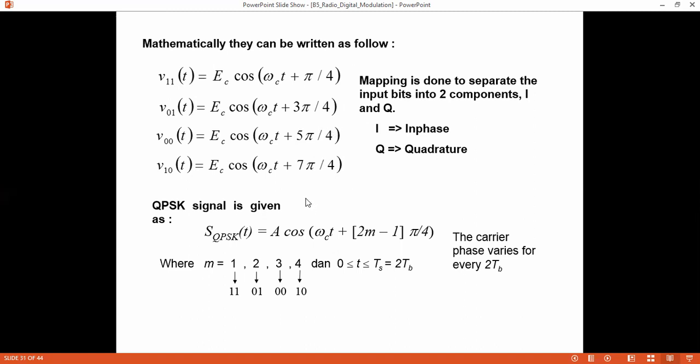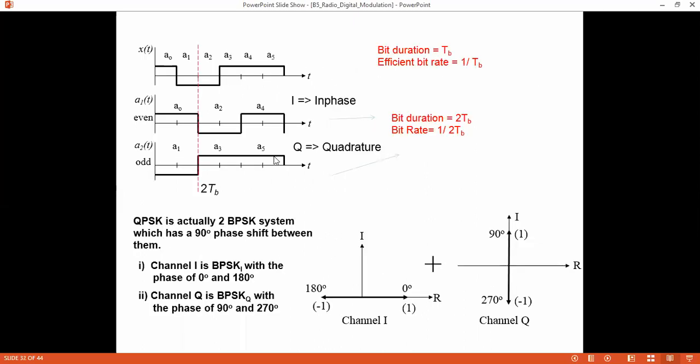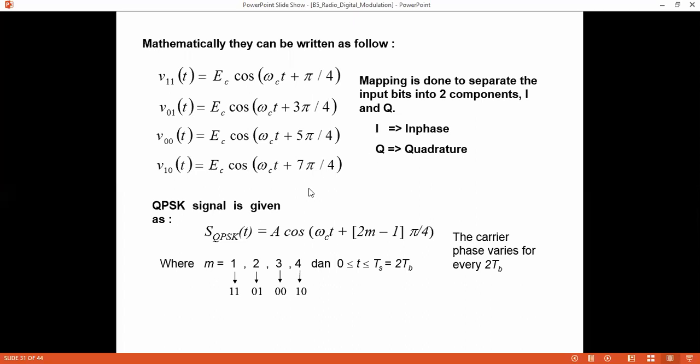So this is the general equation for the above. A here is the amplitude of our carrier signal, and the phase is (2m minus 1) pi over 4, where m is an integer 1, 2, 3, and 4. For m equal to 1 it's bits 11, for 2 it's 01, for 3 it's 00, and for 4 it's 10.